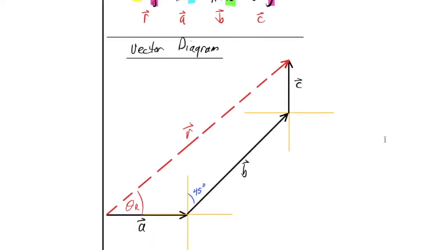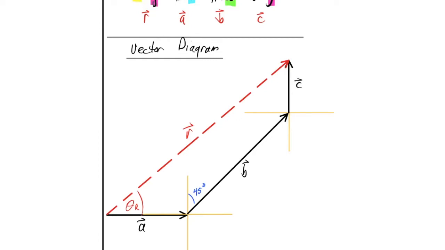Okay, so the expectation is that our resultant is going to have a north and east component. And by the looks of it, the magnitude of our resultant should be the largest compared to vectors A, B, and C. So vector R should exceed 500 kilometers per hour, and it should be moving north and east close to 45-ish degrees.